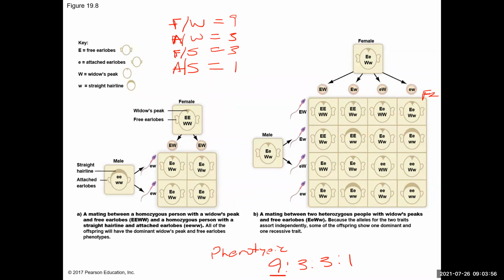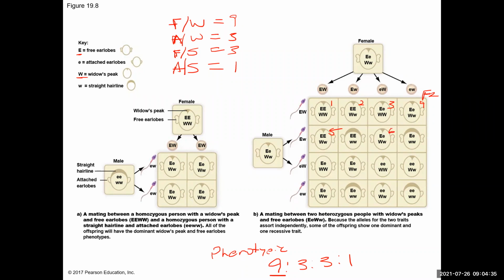And we can go through and check this out. So dominant E is free earlobe. Dominant W is widow's peak. So there's 1, dominant. We see those, there's 2. We got a dominant E, dominant W, so there's another one, dominant. So there's 4, 5. This is dominant and recessive, so this is not one we want. This is a free earlobe but a straight hairline. So that's not one we want. This is free earlobe, dominant, so this is 6.